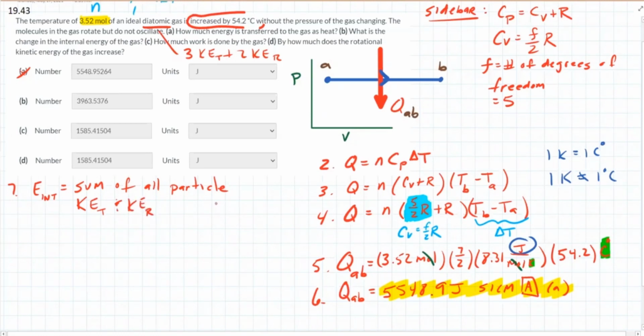So internal energy is a measure of kinetic energy, particle kinetic energy. So this term kinetic energy really is a big deal. Specifically the kinetic energy of all of those particles taken in aggregate, rotational plus translational. That's what internal energy is. And you're being asked right now to solve it.